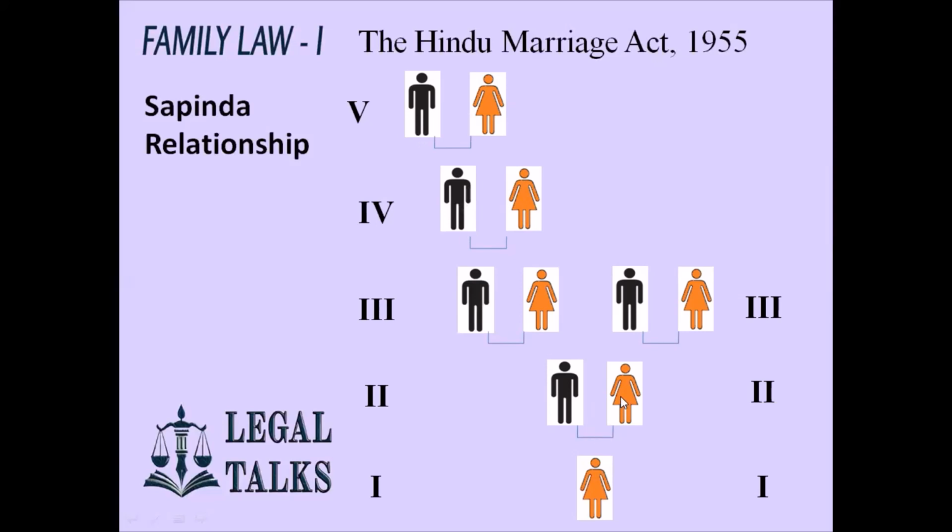And from her mother's side, she cannot marry her great grandfather, maternal grandfather. Okay, she cannot marry her maternal grandfather. So, Sapinda relationship says you cannot enter into a marriage till 5 generations on the father side and 3 generations on the mother side.